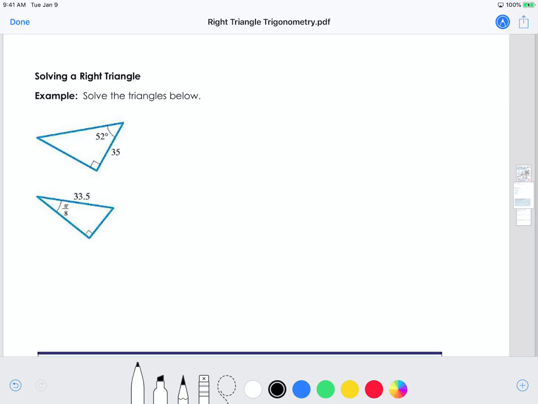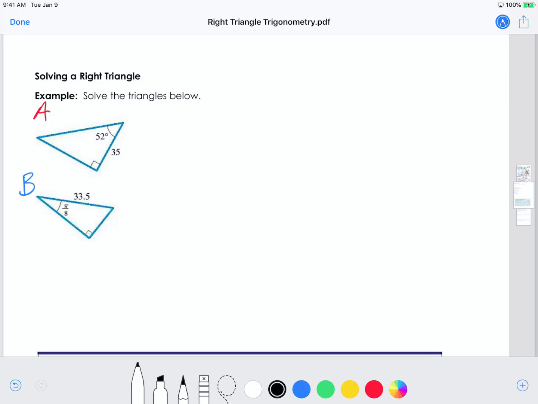Now that we've introduced you to radians, if your angles are in radian form, the equivalent of 180 degrees in radian form would be pi. So all my angles, if I'm looking at it in terms of radians, have to add up to pi. So looking at the first triangle, we'll call this triangle A, and we'll call this triangle B.